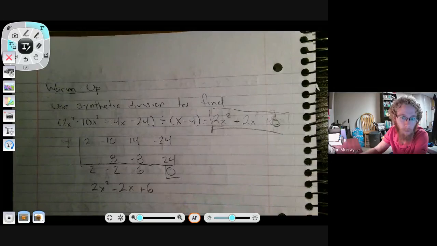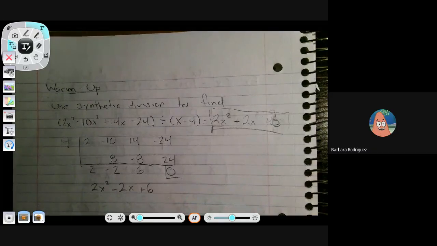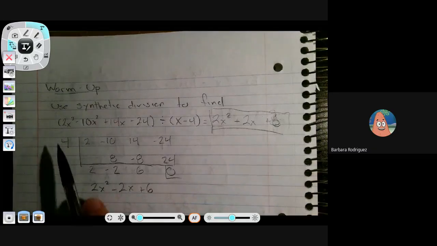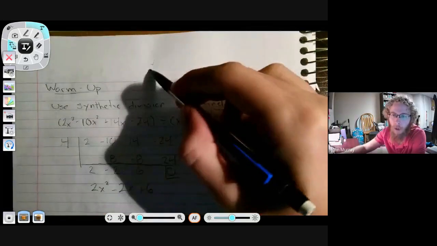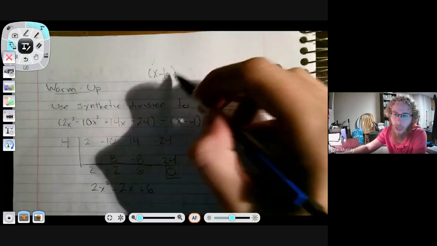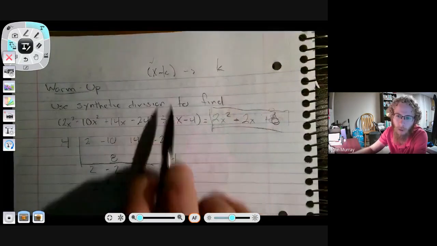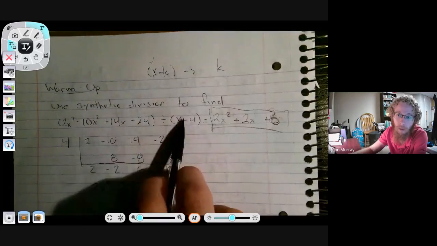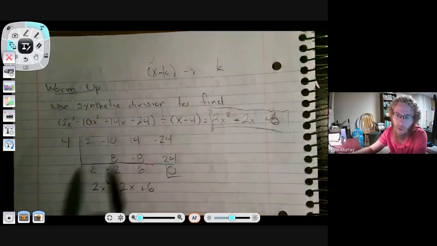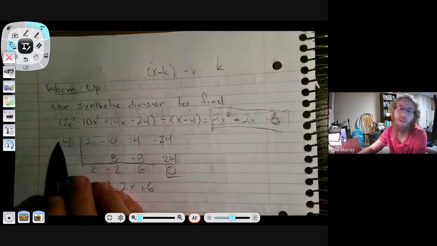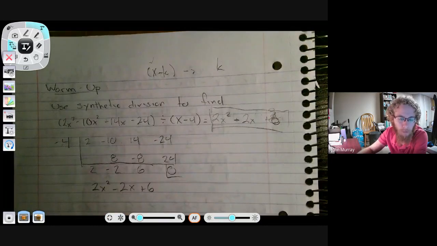What's up? I thought that 4 became -4. Becomes -4. This 4? Yeah. Okay, so remember, when we have x minus k, we're just looking for what k is. So we kind of ignore the negative sign. If it's a negative, then we just take whatever the number is. If it's positive, then that would be a negative out there.